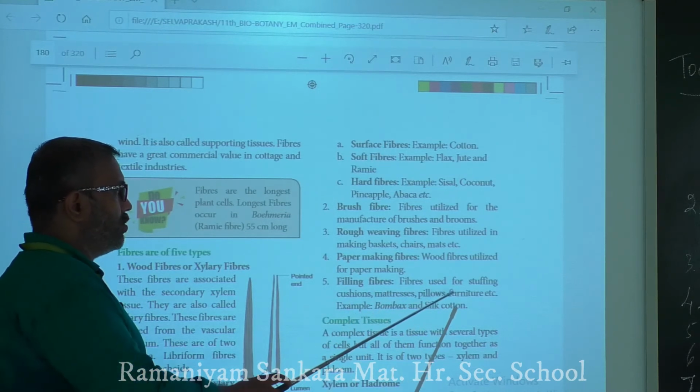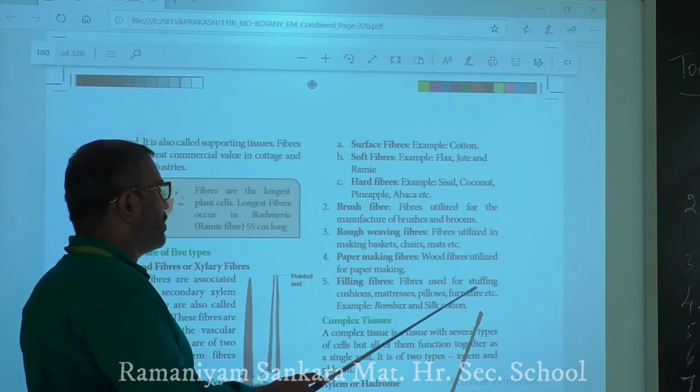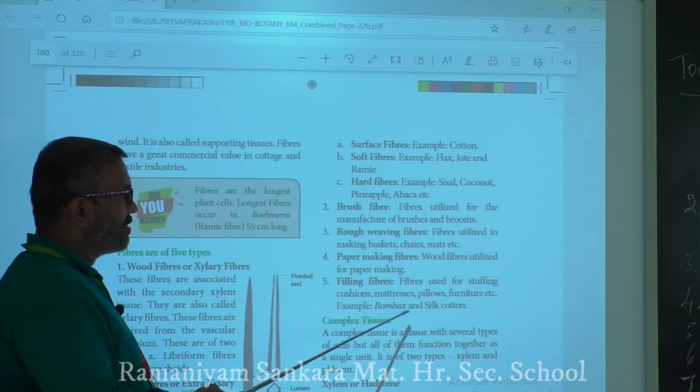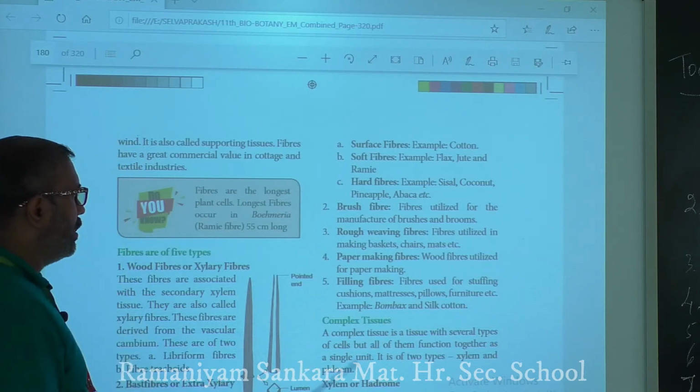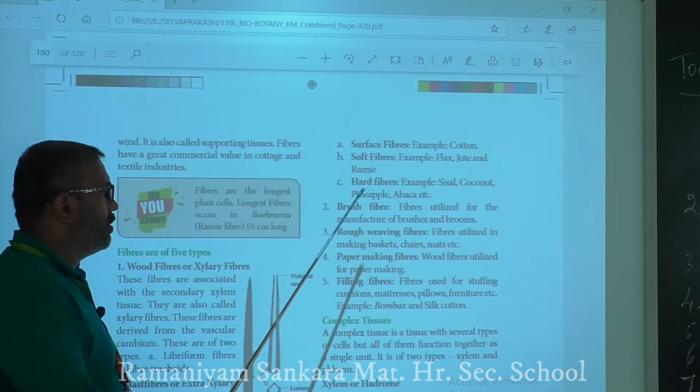Filling fibers: fibers used for stuffing cushions, mattresses, pillows, furniture. Example, Bombax and silk cotton. That also, simple tissues.